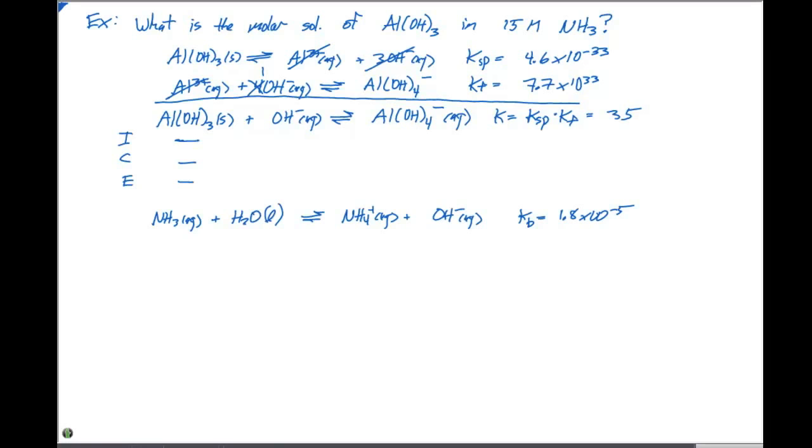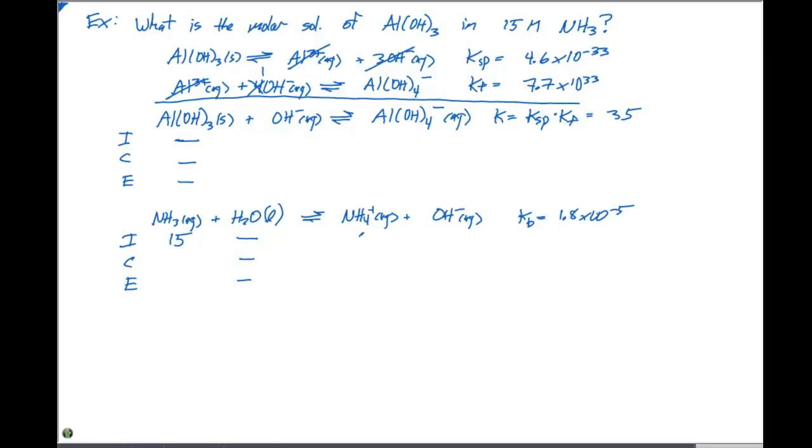So in order to figure out what the initial concentration of the hydroxide ions is, we have to set up an ice table and perform an extra step for this particular reaction. Our initial concentration of ammonia is going to be 15. The water, since it's a pure liquid, the concentration is going to remain constant, and we can ignore that.